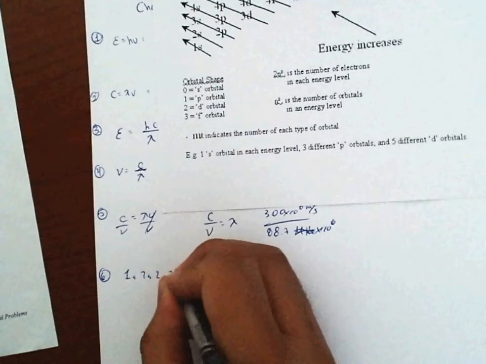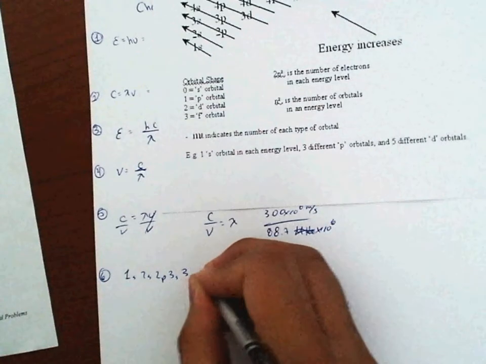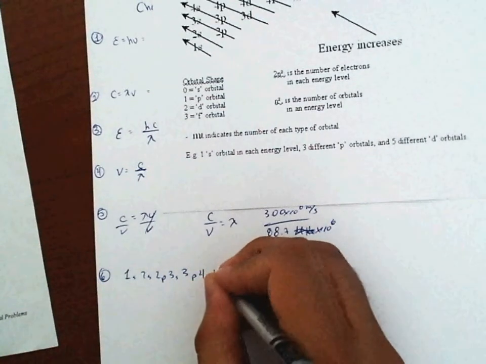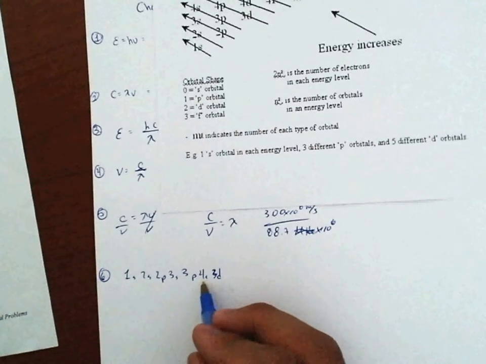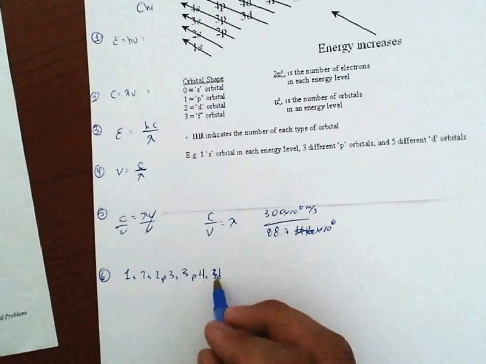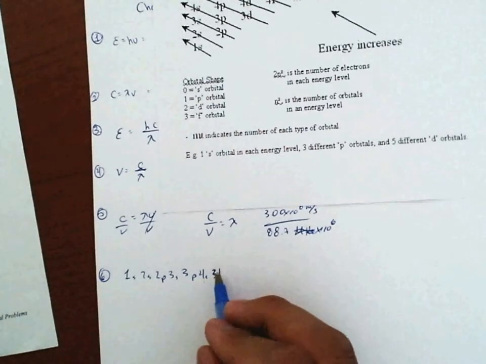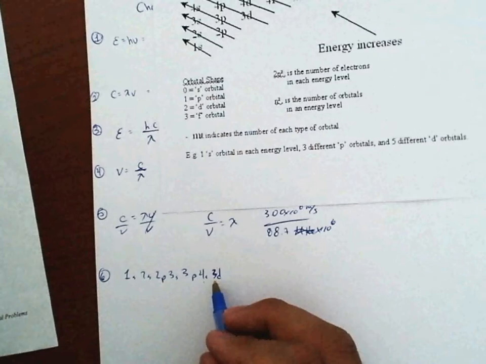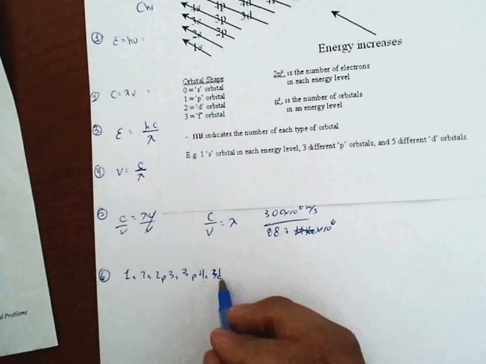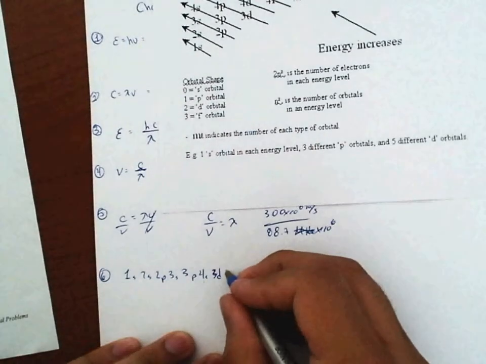1s, 2s, 2p, 3s, 3p, 4s, 3d. Remember that 4s is more stable or has less energy than 3d. 3d is a weird shape, and you probably don't want to be in a weird shape. You want to be in a 4s instead of a 3d.